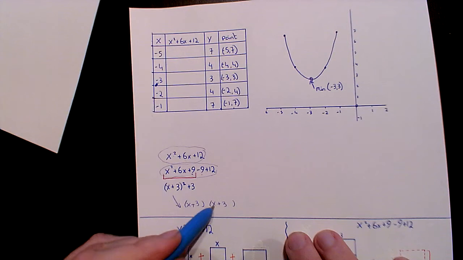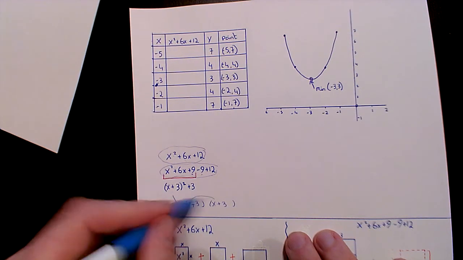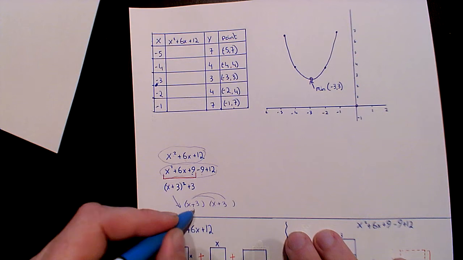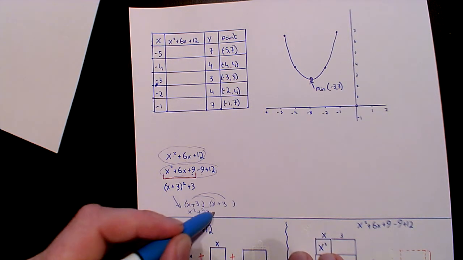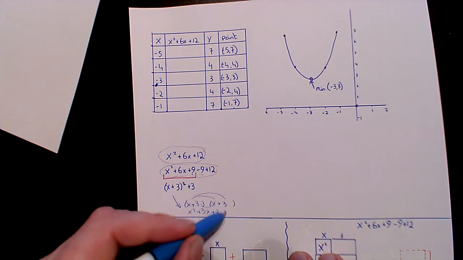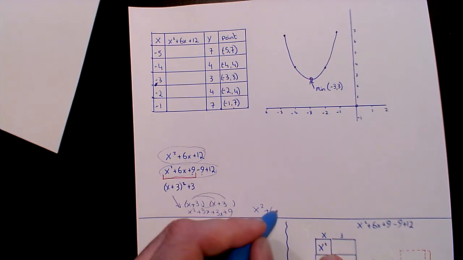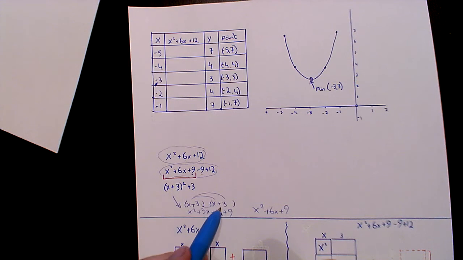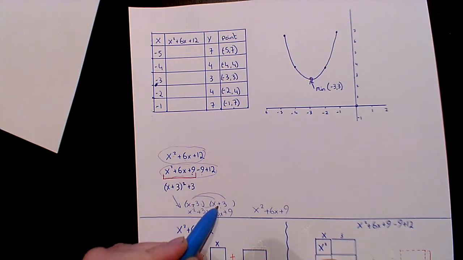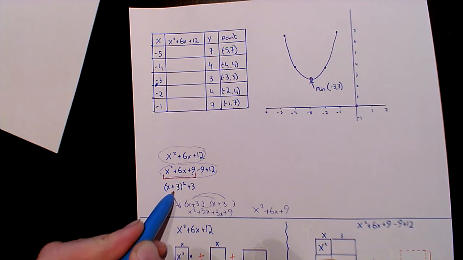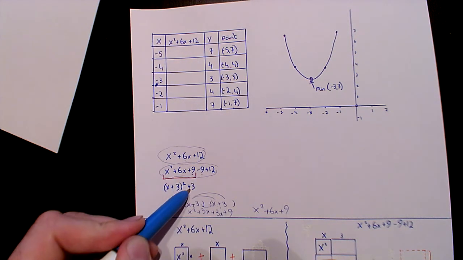I'll just do it for you. x by x is x squared, x by 3 is 3x, 3 by x is 3x, and 3 by 3 is 9, and that would be x squared plus 6x plus 9. So I've proven that that multiplied by that is that, and x plus 3 multiplied by x plus 3 is the exact same as x plus 3 squared. Now we have the minus 9 plus the 12, which gives me 3.